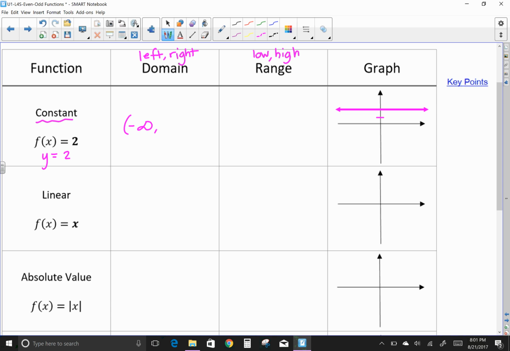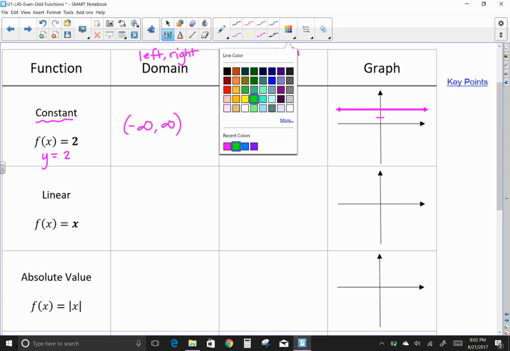Farthest to the right, with the right arrow, is positive infinity. So that's our domain. Our range, the lowest point is 2, and the highest point is 2, and is equal to 2, and always only 2, so we put brackets around that.